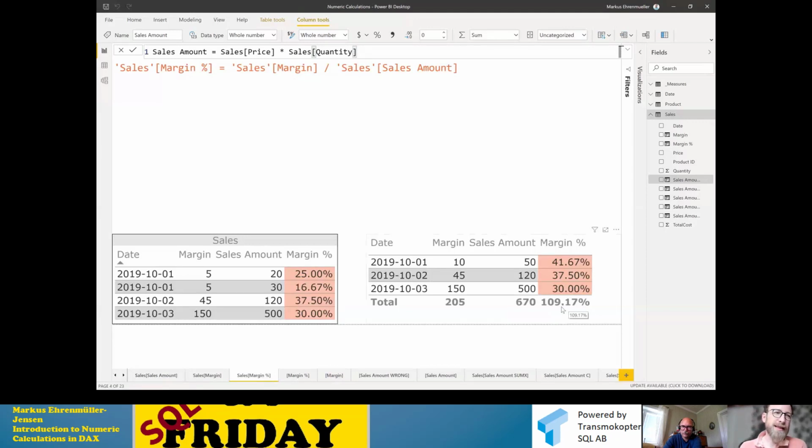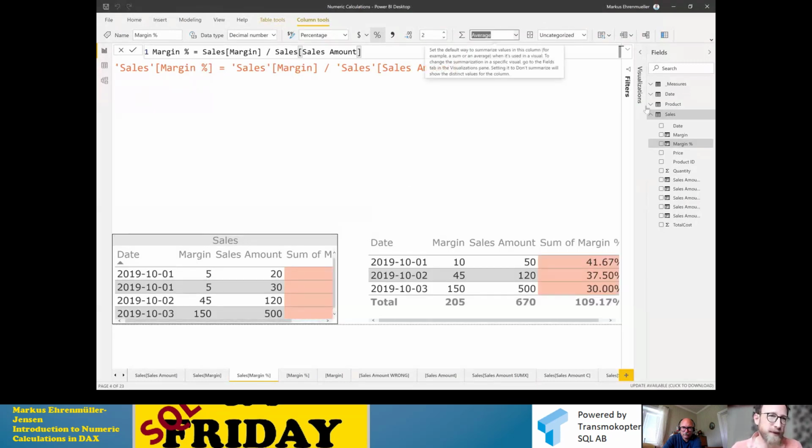Sometimes people say, of course, this is because there's a sum assigned here. So for the margin in percent, we have the sum there. Just change this to an average, then we should end up with a better number. Yes, we're ending up with a better number, but still the number is wrong. And we have to change it here, in the visual. My fault.